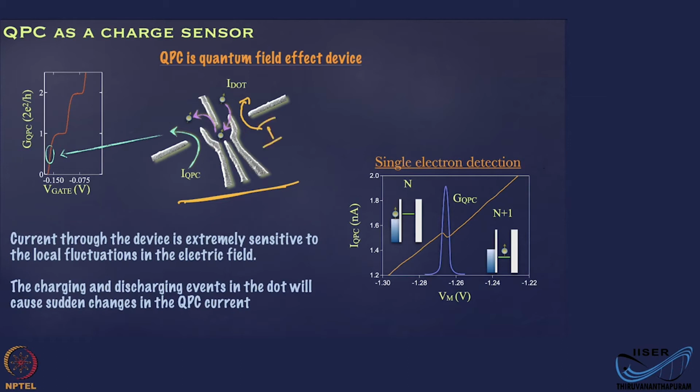This is also another quantum point contact where the current I_QPC is really sensitive to local variations in the electric field. So the idea is any change in the charge configuration in the nearby quantum dot, which is represented by the circle here, any change in the charge configuration or electron occupancy can change the current or conductance of the device.